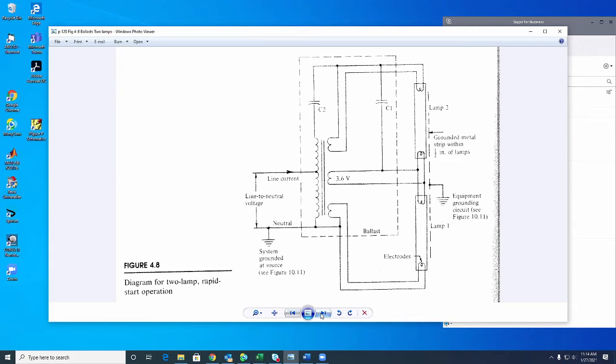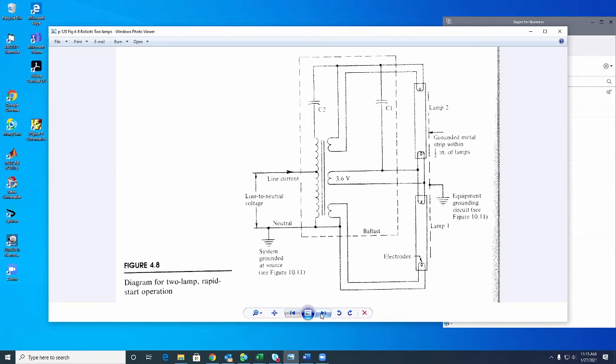All right. So especially in commercial or industrial applications, such as here in the university, where we have a lot of lamps in every room, classroom, etc., the distribution voltage is 480 volts, three-phase.